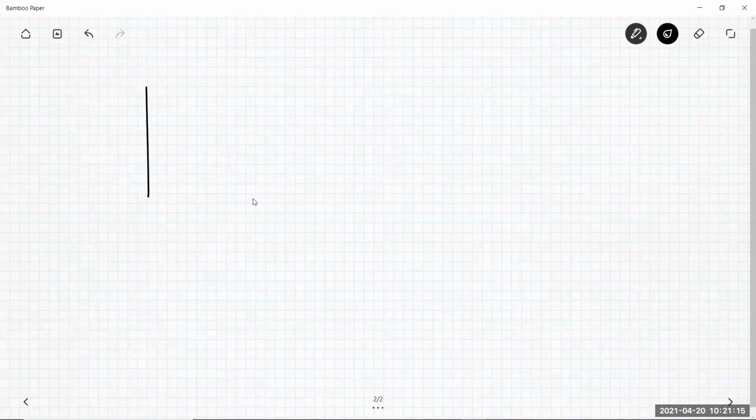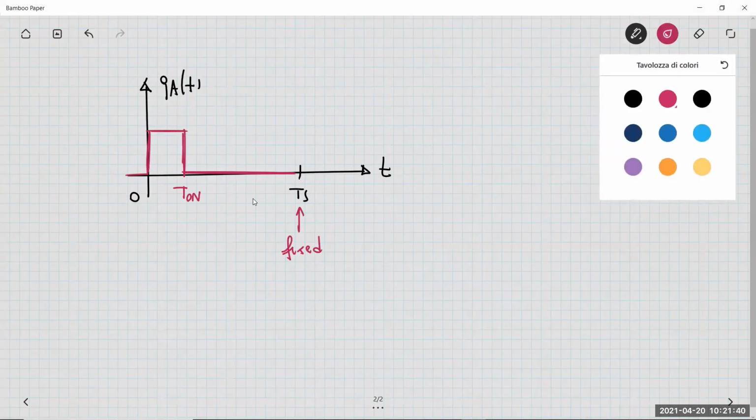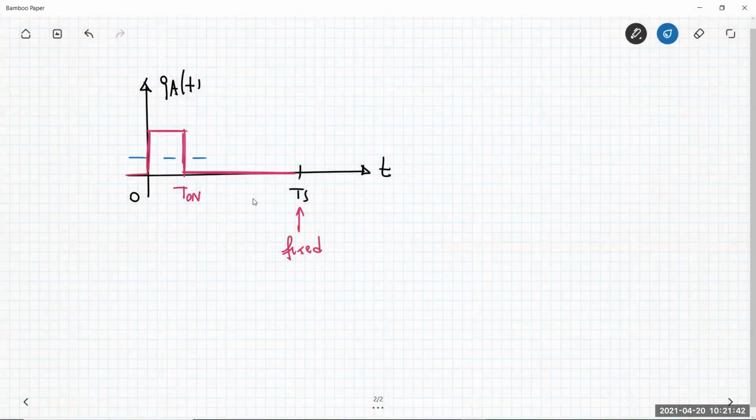If you think that the unitary switching function is something like this over Ts, it can be 1 for a certain interval that we can call Ton, and since Ts is fixed, the duty cycle can be represented by the average value.